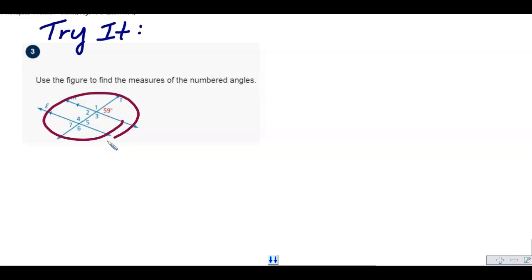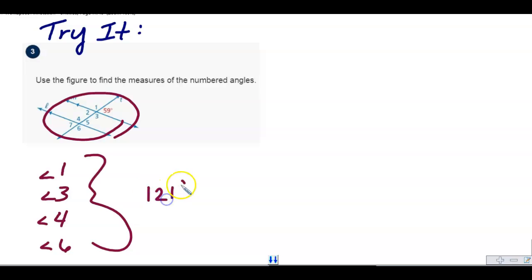Now that you've paused the video and tried these, let's go over what you found to see if you were correct. Turns out angle 1, angle 3, angle 4, and angle 6 are all the same value, 121 degrees. Now your reasonings are important, so make sure you're also explaining why they're 121 degrees.